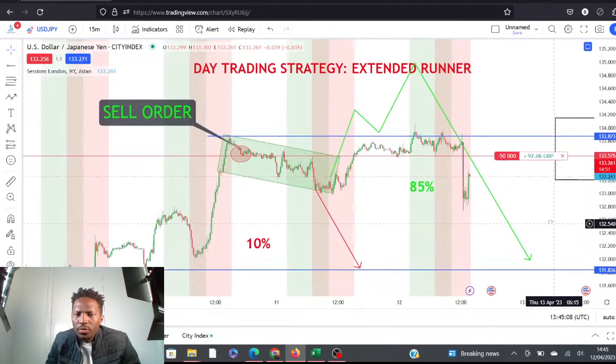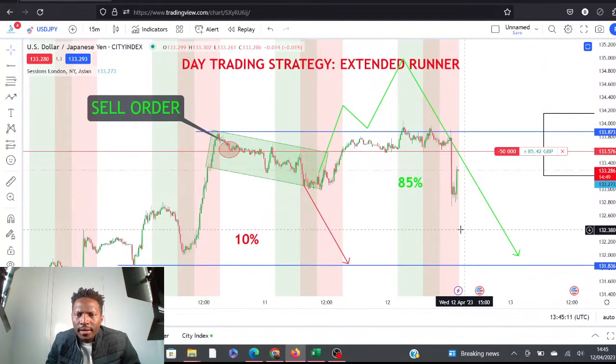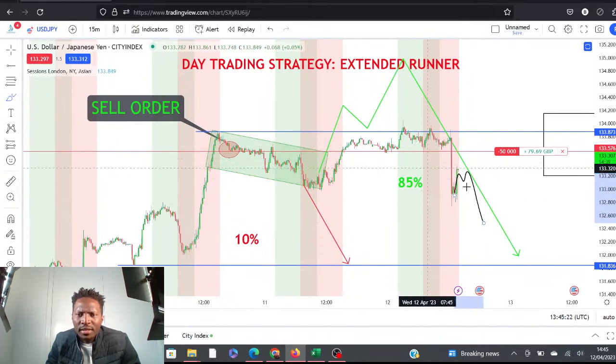Still watching this dollar yen trade, and this is where we're just getting a pullback here, guys. This is just a pullback. We're probably going to get a correction here before the market heads down.